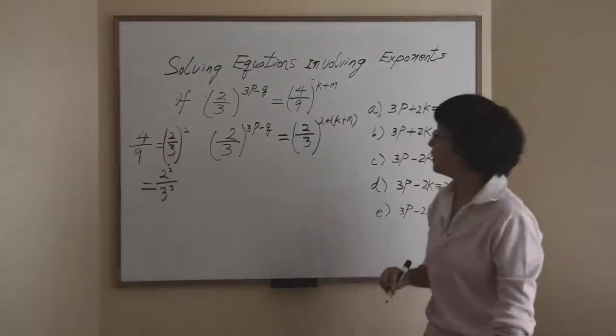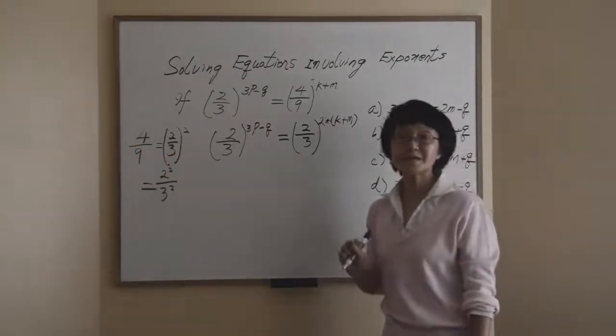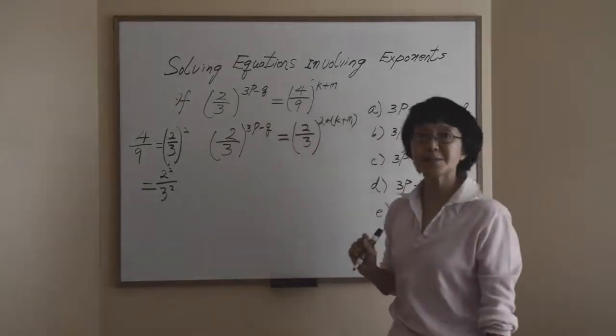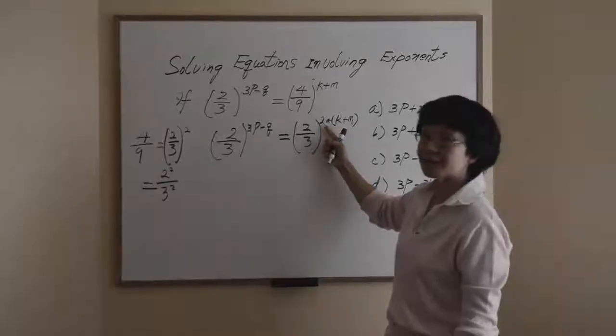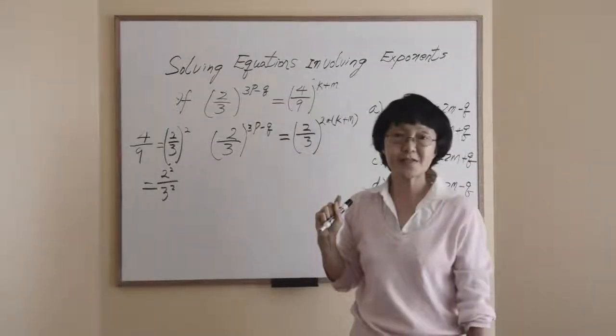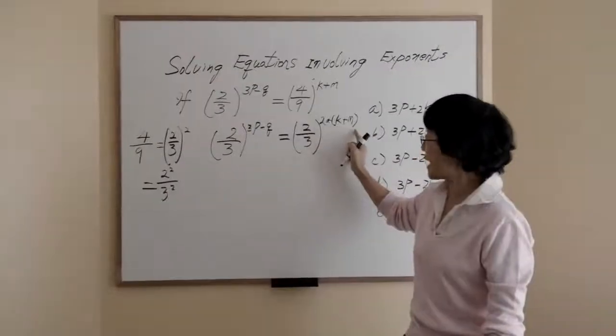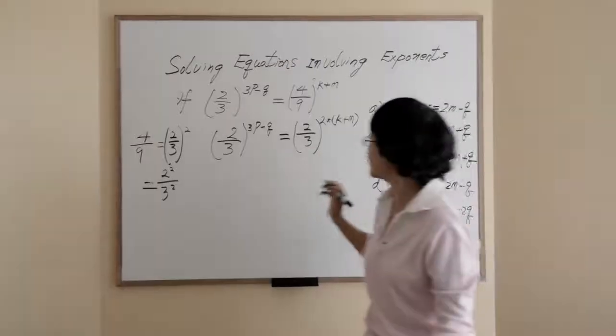Now, the serious mistake that some students make is they don't put the bracket there. So it's basically just 2k plus m. That's not right. So make sure you have the bracket there. Okay, good. Now, this is how you do it.